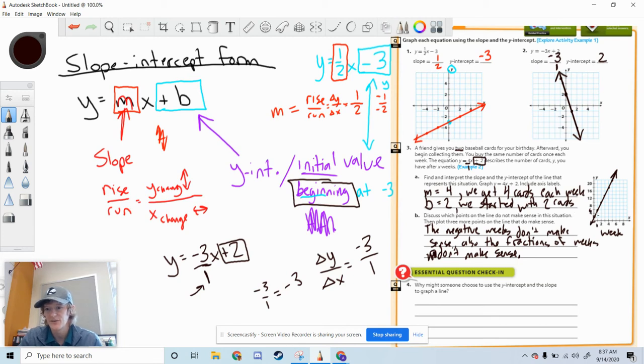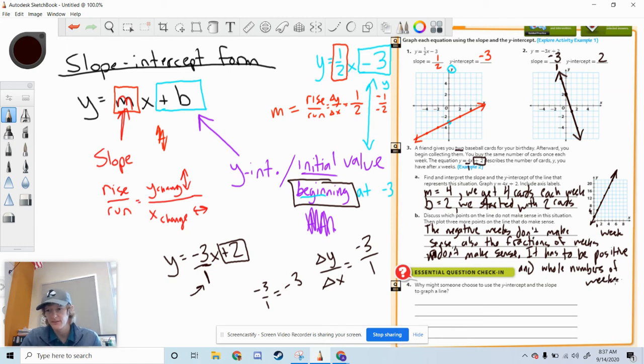Let's see. So it doesn't make sense that we have negative weeks. That just doesn't. We don't go back in time and get negative cards. It has to be positive and whole numbers of weeks.